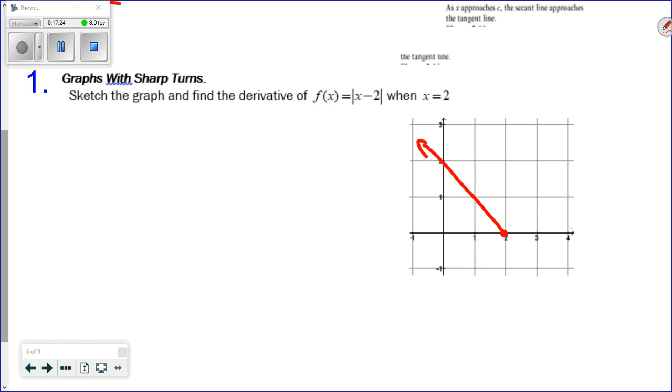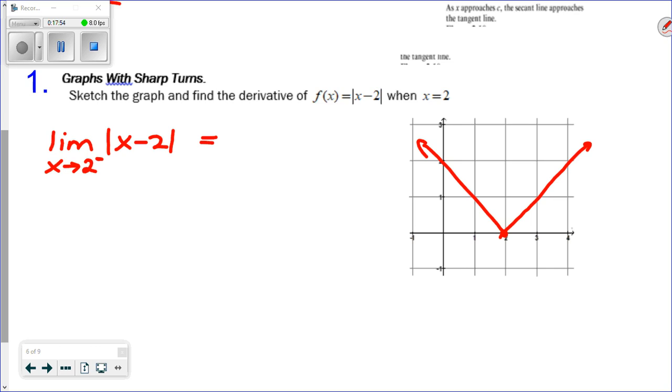So it'll look like this. Okay, so let's just say that we want to find the derivative when x equals 2. Well, we have to start with our one-sided limit. So let's say we find the limit as x approaches 2 of this function. And we're going to start with from the left.